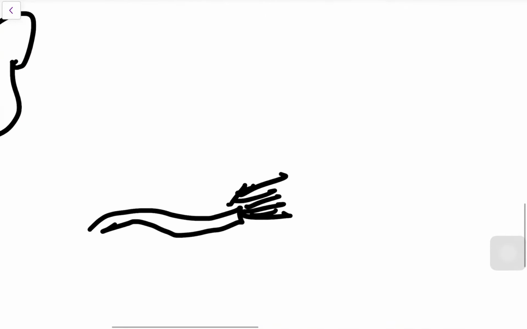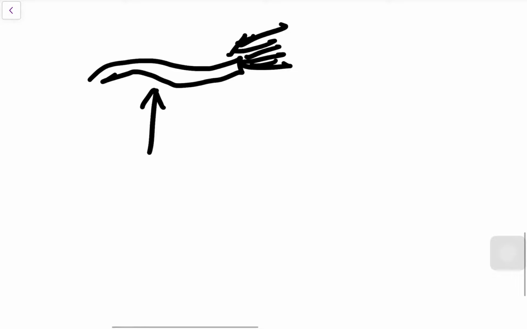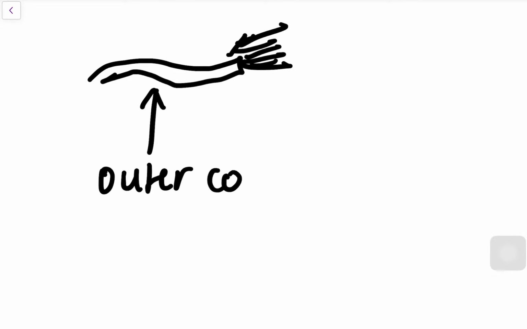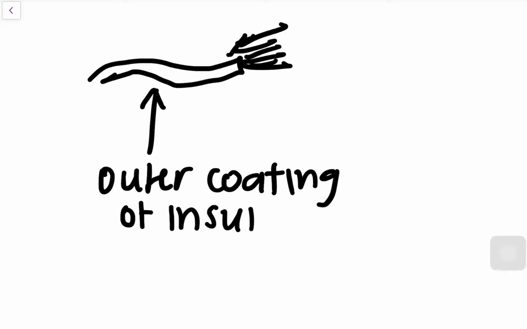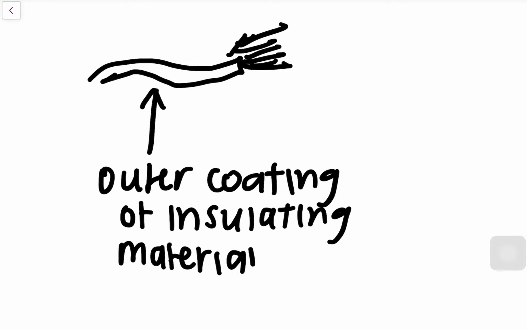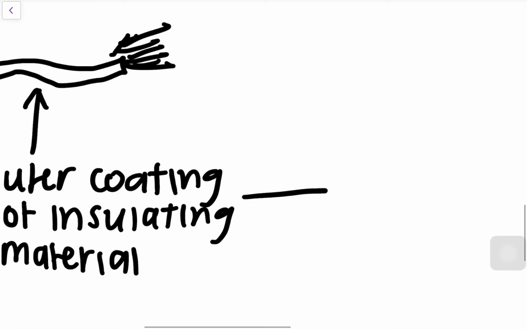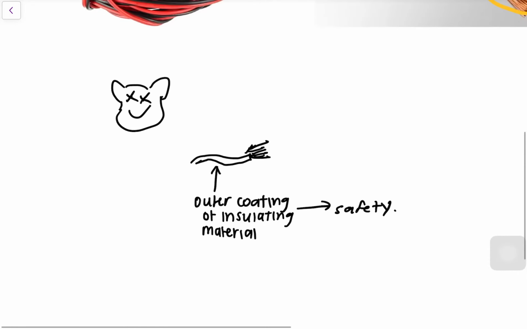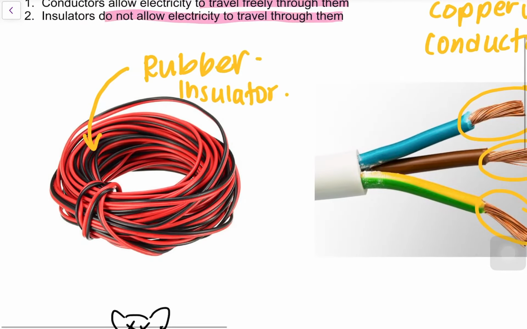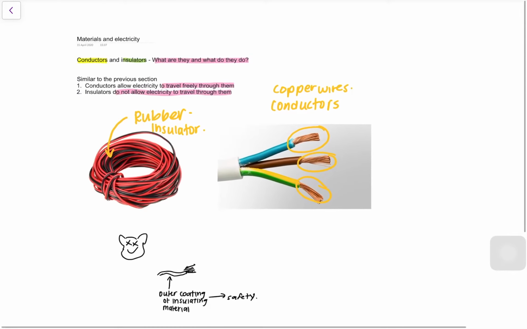So the reason why we have this outer coating of insulators on our wires is for safety. Remember, insulators do not allow electricity or electric currents to flow through them easily, while conductors allow them to flow through the material freely.